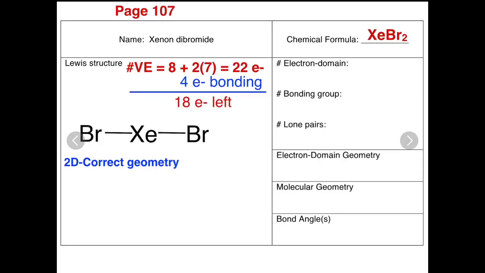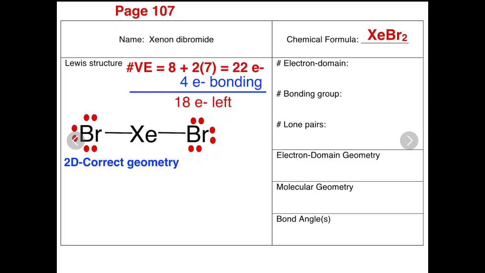We have 18 left. And when you have 18 electrons left, you are going to distribute them to the outer atoms first so that the outer atoms have an octet, which means you need to distribute to these two bromine. That way the two bromine have an octet. Each bromine contains only 2 electrons, so it needs 6 more. So we're going to add 6 more to each.